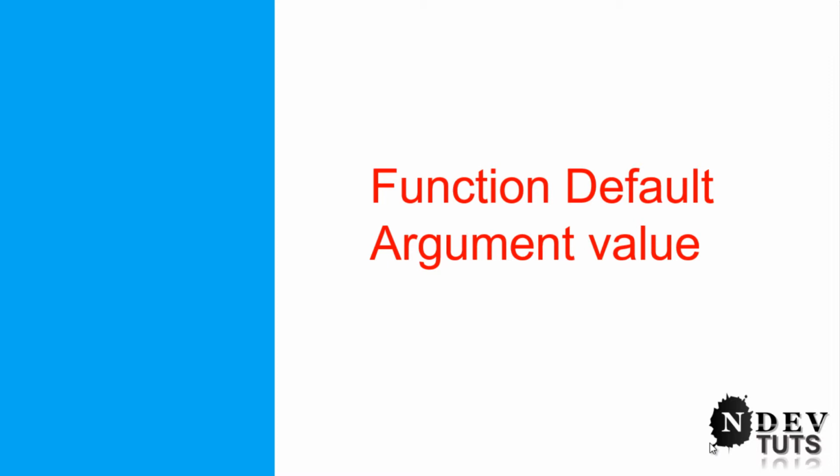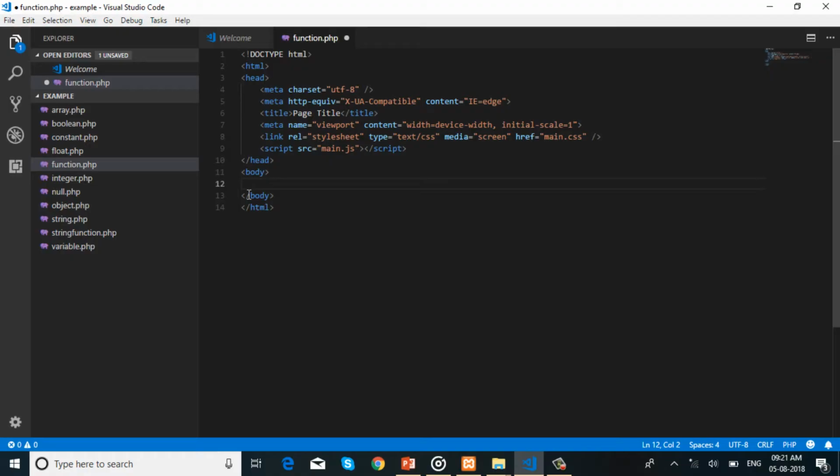This default value can also be called an optional parameter because it does not need to be passed to the function. Let's see the demo example of PHP default argument value. Creating a default parameter in a function is very simple and is quite like normal variable assignment.